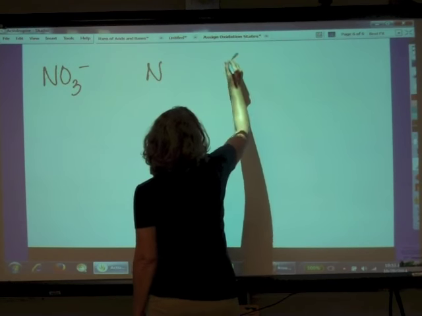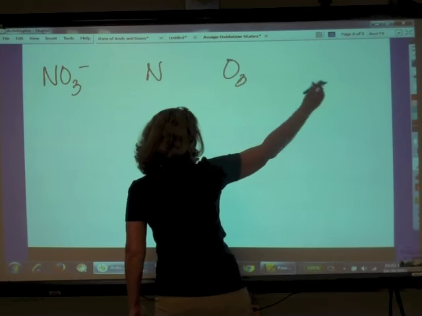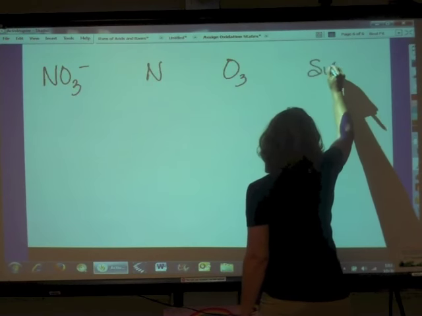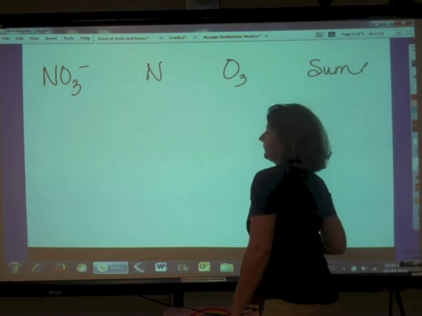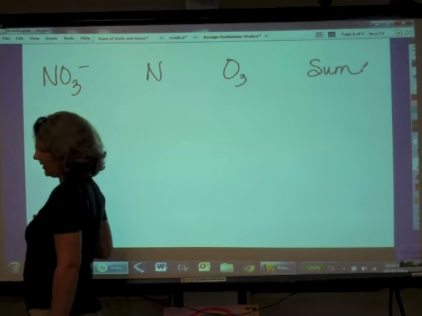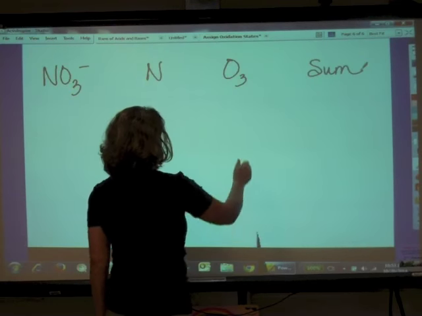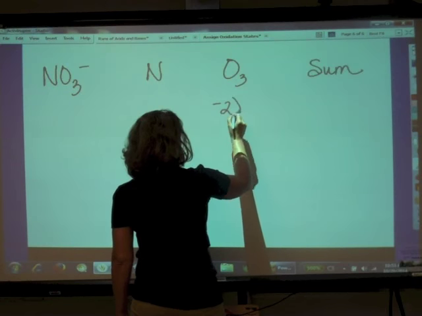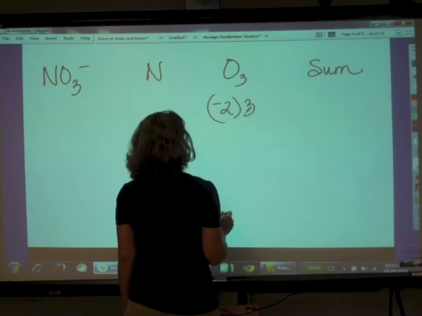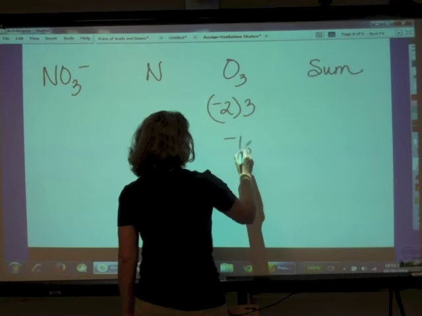We have, in this case, 3 oxygens. Going to leave that sum there. Okay, we have a rule for oxygen, so we're going to start with oxygen. In a compound, oxygen always has an oxidation state of negative 2, and we have 3 of them. So we have an overall negative 6.